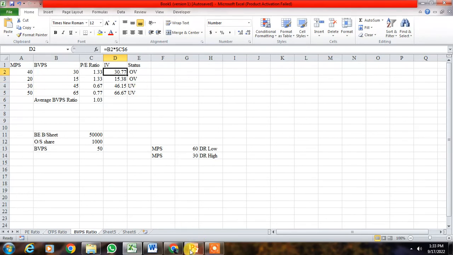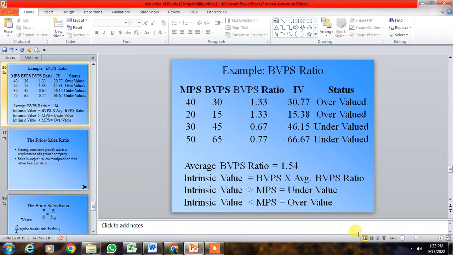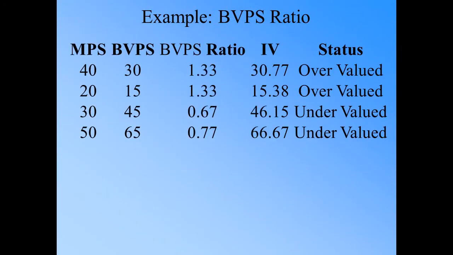So my dear, the criteria for the intrinsic value is again the same. You can see in this slide, the book value per share is 30, and it shows that it is overvalued.